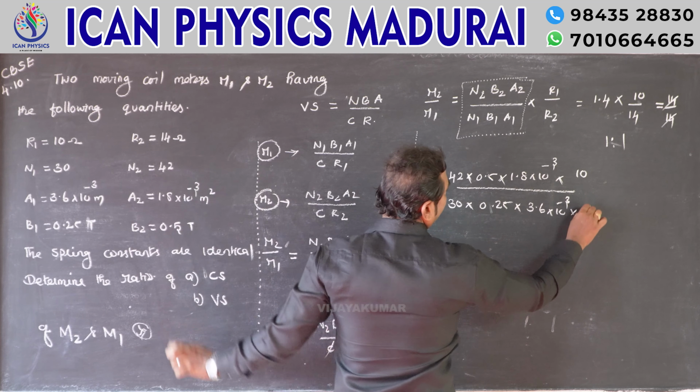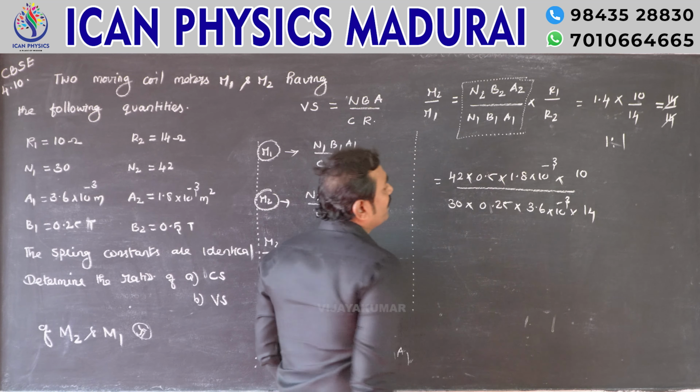R2 is 14. Once again, in the denominator there are 3 digits, so we multiply and divide by 1000.